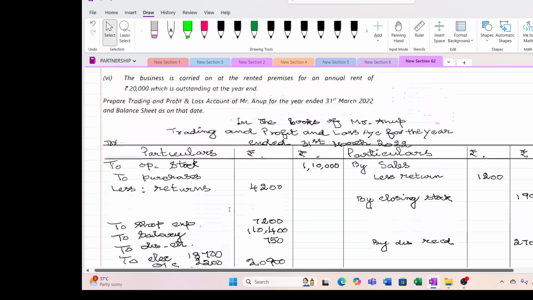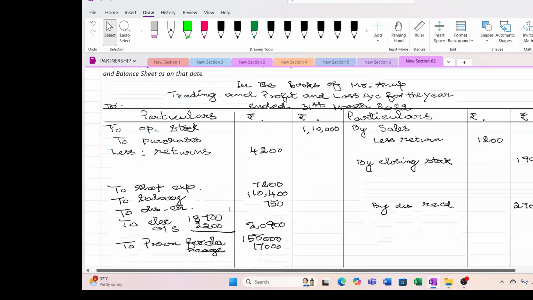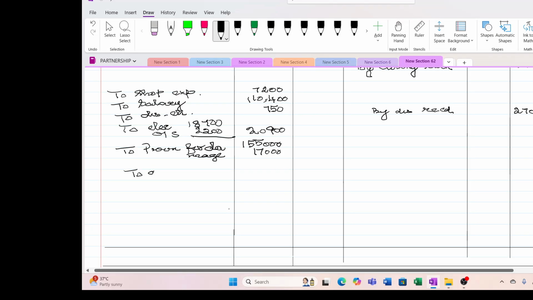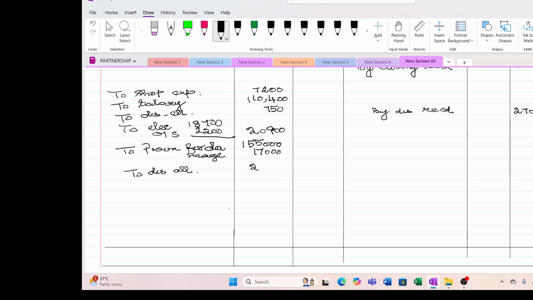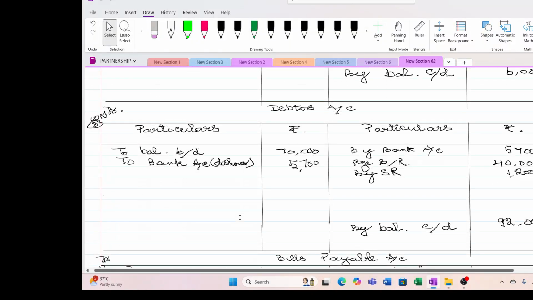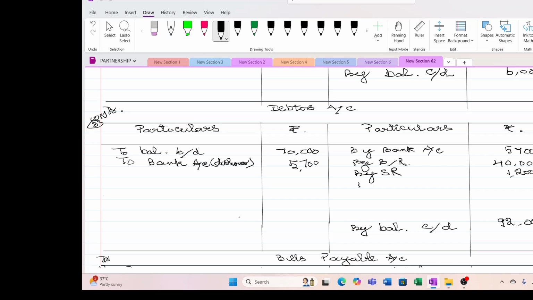Discount allowed is 2,400, to discount allowed. This will go to your debtor and creditor account. Debtor account by discount allowed 2,400.